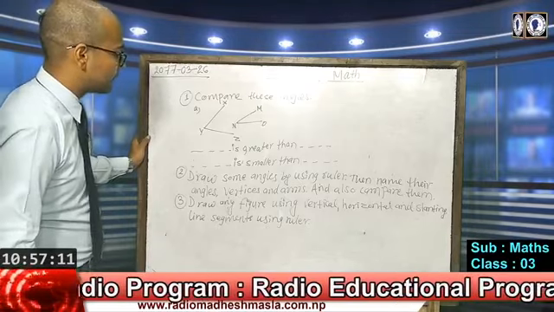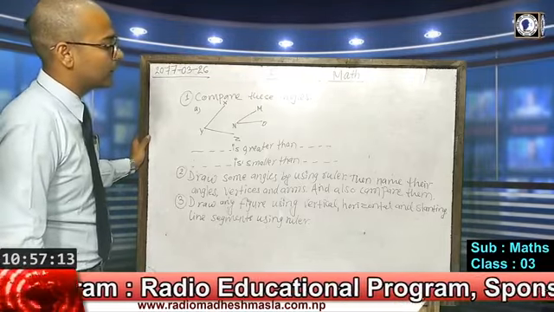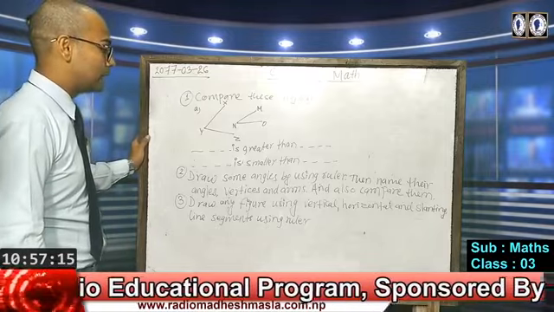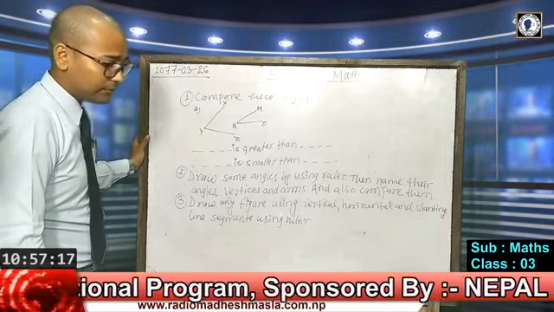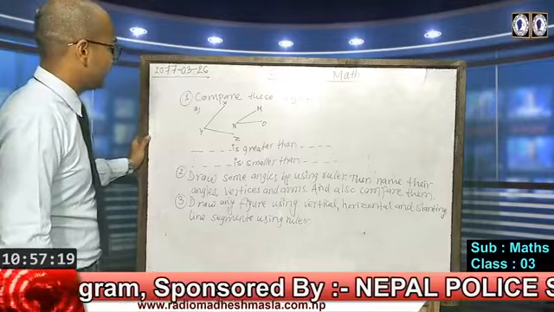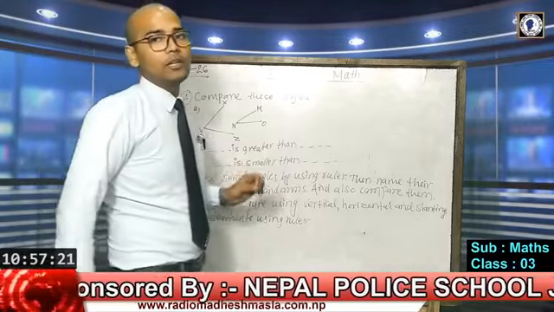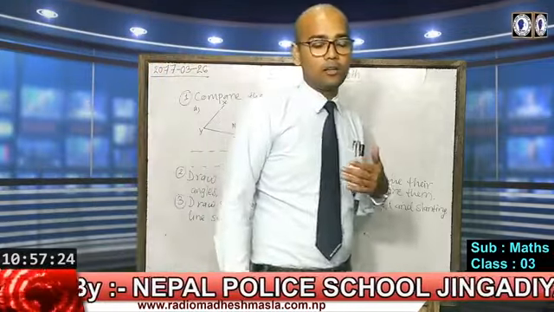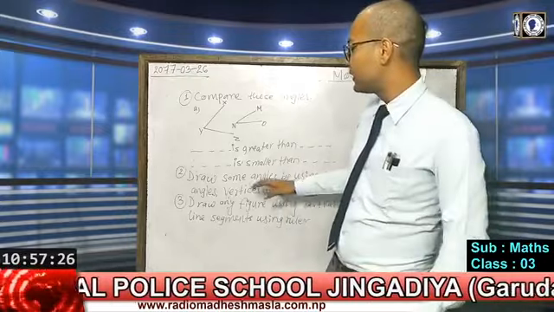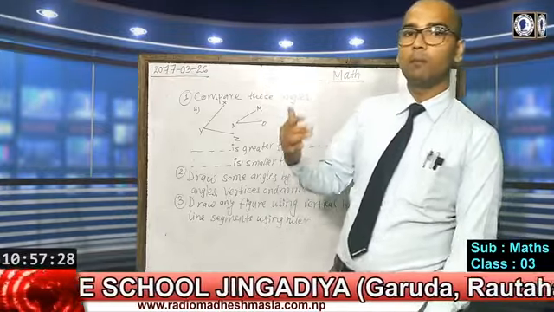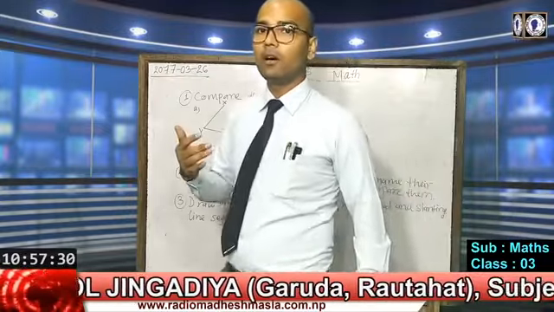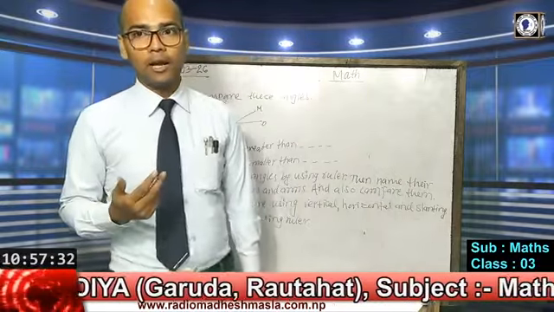Then in question number 2, it is given: draw some angles by using a ruler, then name their angles, vertices and arms, and also compare them. As we have just learned, first of all we should draw some angles, maybe 4 or 6, but in pairs. We can't draw only one angle to compare.